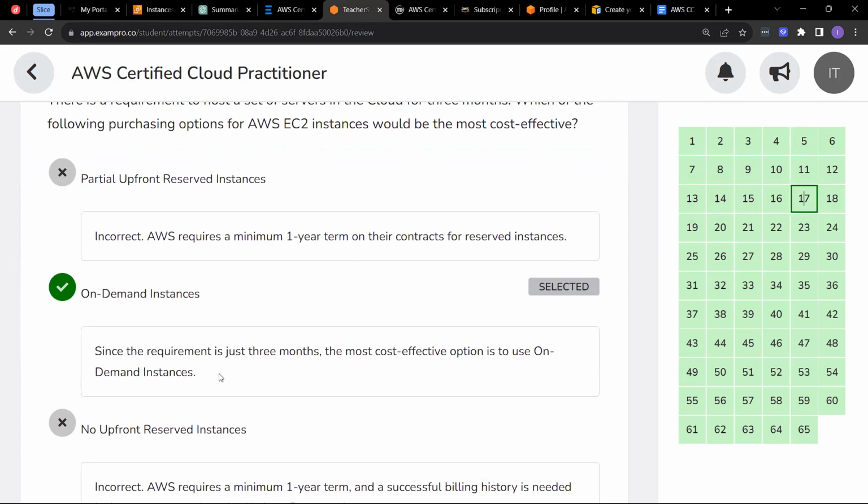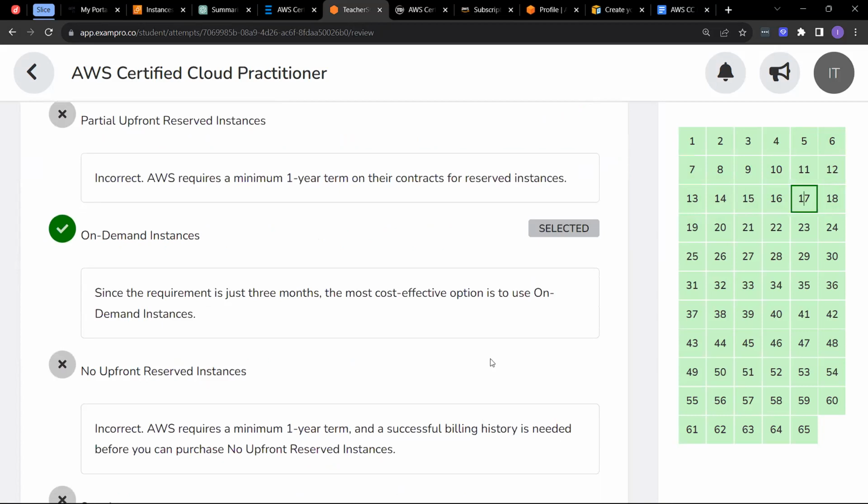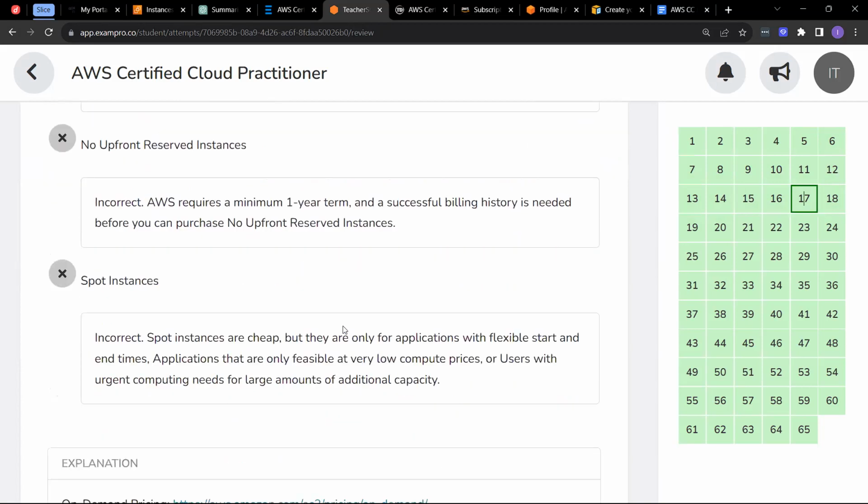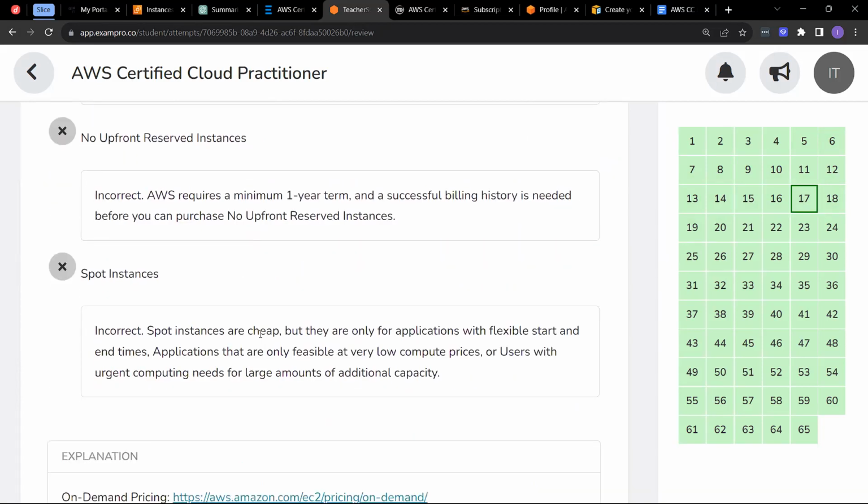This one. So since the requirement is just 3 months, the most cost-effective option to use is on demand. Why? So let's say spot instance. Let's say spot one. That was the one you were saying. So spot instances are cheap, but they are only for applications with flexible start and end times. So applications that are only feasible at very low compute prices or users with urgent computing needs for large amount of additional capacity. Oh, okay.